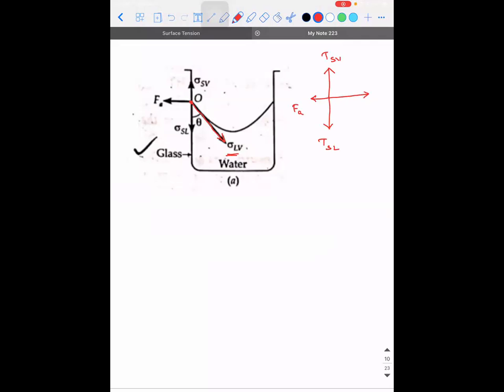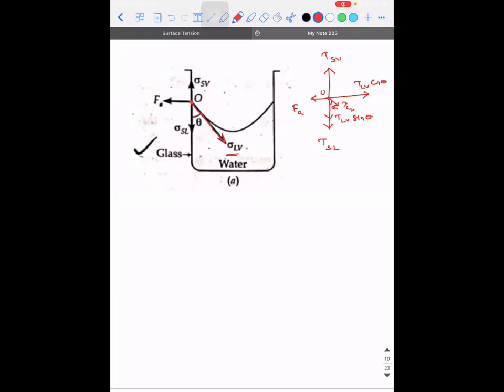What are the two components? One is TLV cos theta and TLV sin theta, where this is TLV making an angle theta. Guys, are you able to understand that?